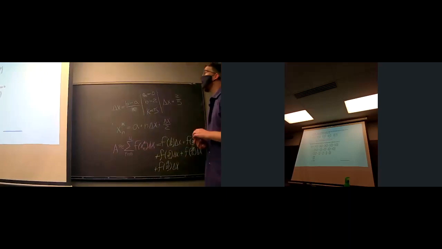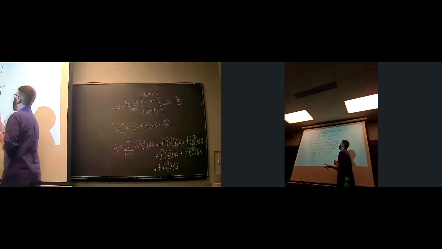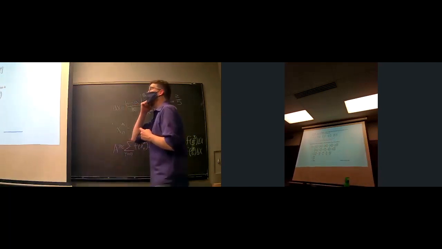So what does this look like? It means breaking your interval from 0 to 2 into 5 parts. You're going to choose the midpoint of each of those intervals. So 1/5, 3/5, 5/5, and so forth.